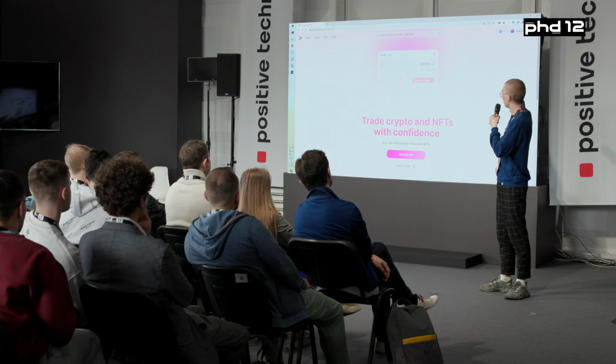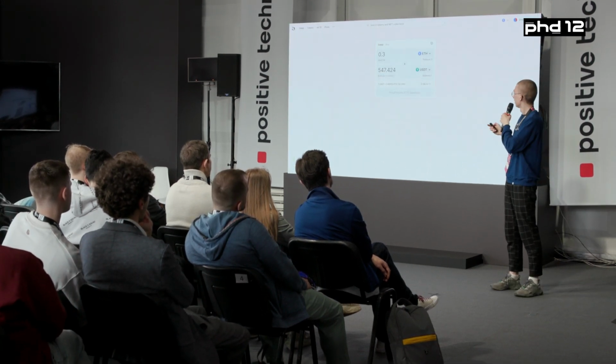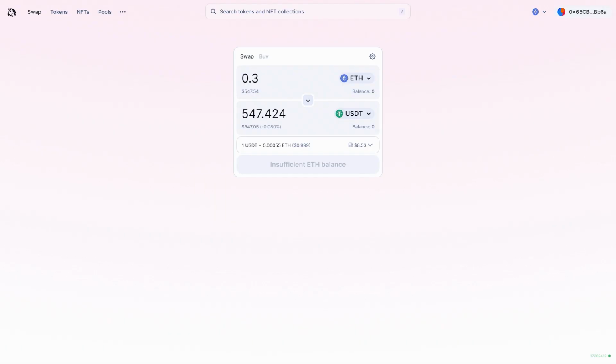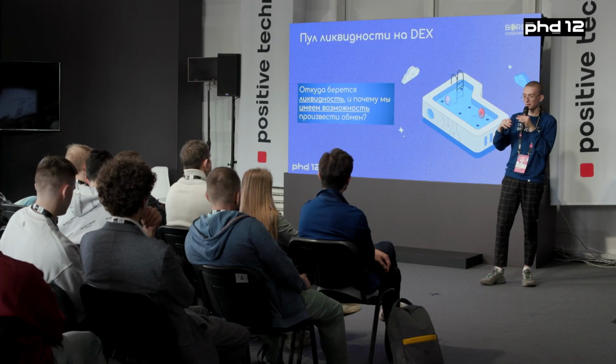Then we connect, and that's all. You are logged in. Here you can see the address of your wallet. It works perfectly. And now we want to exchange. We set the amount of Ethereum that we want to swap, and we can see the exchange rate, how much USDT we will get. Then we push the accept button if you have enough money.